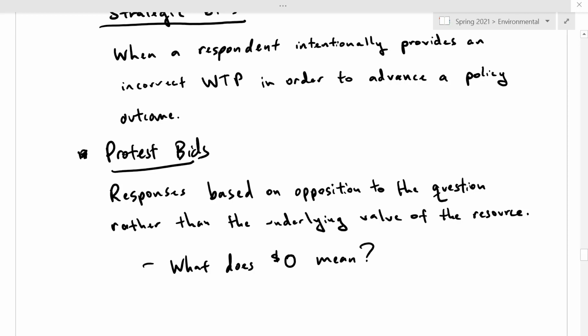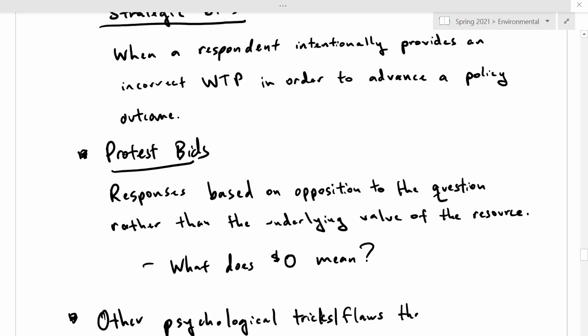So in any case, you have these and other psychological tricks or flaws that bias results. And there are many possibilities there.